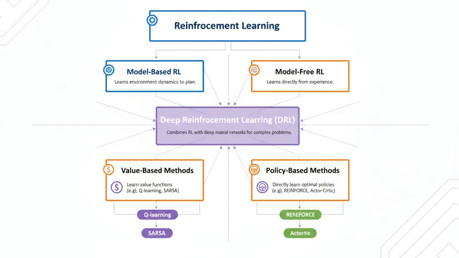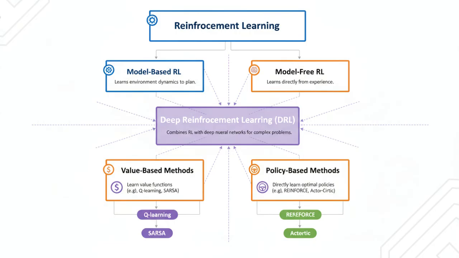In contrast, model-free RL algorithms learn directly from experience without explicitly building a model of the environment. Within model-free approaches, we have value-based methods like Q-learning and SARSA, which learn value functions, specifically Q values, to determine optimal actions. Then there are policy-based methods, which directly learn an optimal policy without necessarily learning a value function, such as REINFORCE or actor-critic methods.